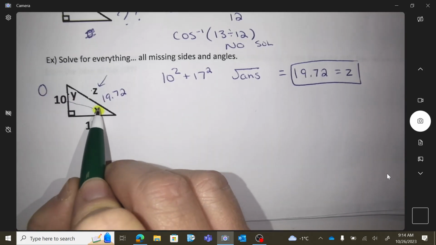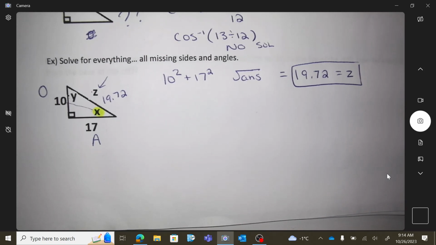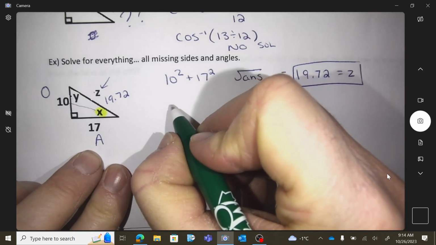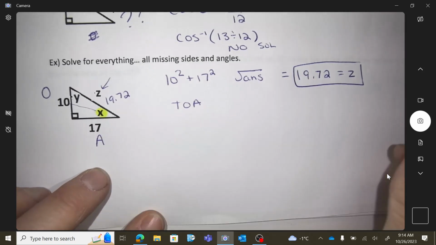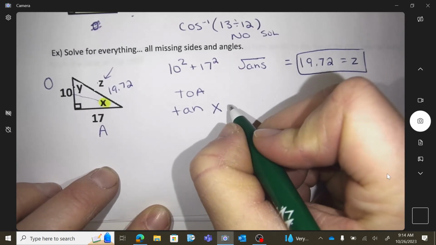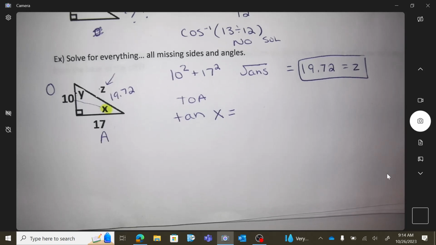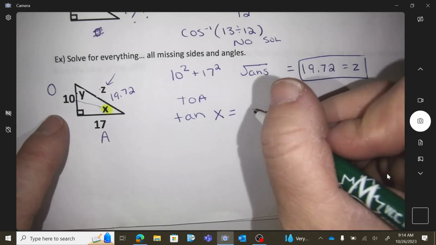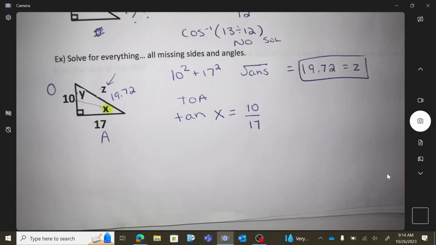The O, and this is the A in relationship to the x. That's what's the O and that's the A. So CAH or TOA. I'm going to work with TOA. So the tan of the x angle equals O over A.